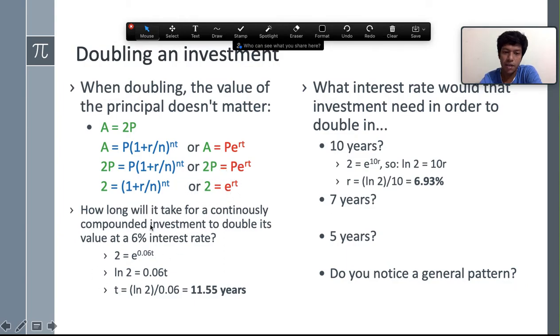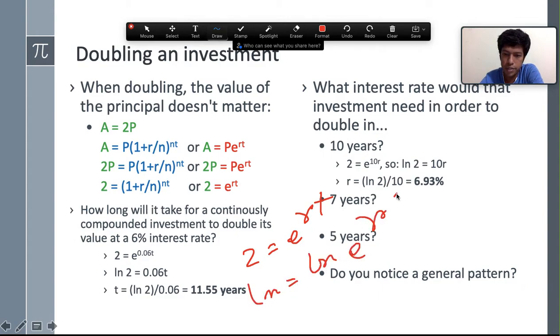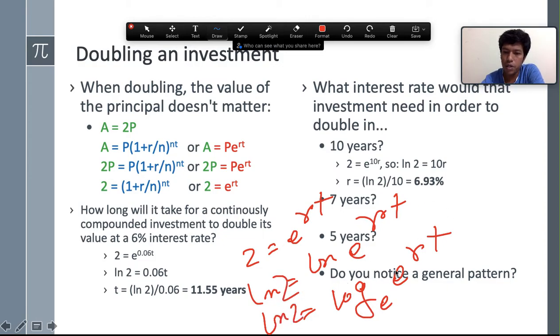Basically, then to remove this e, you can take ln on both sides. That's why this ln thing came here. When you have 2 equals e to the power rt, if you take ln, then this side also becomes ln of e to the power rt. And ln means log base e, so ln 2 on this side, then log base e of e means 1, then rt will come to the front, so basically rt equals ln 2.